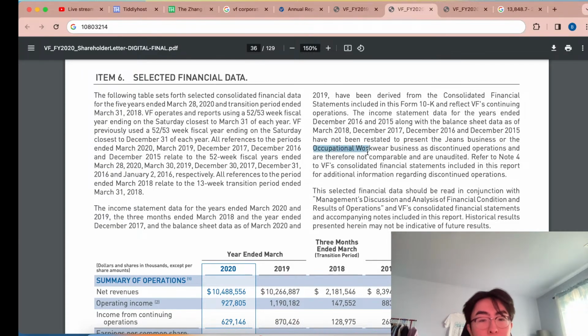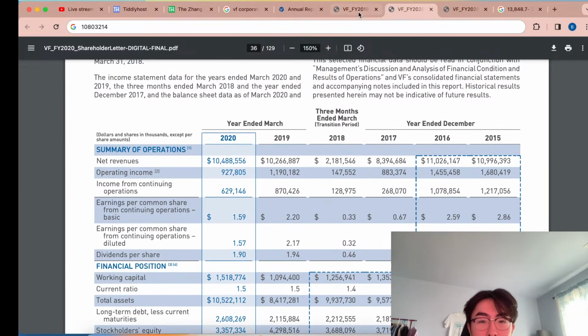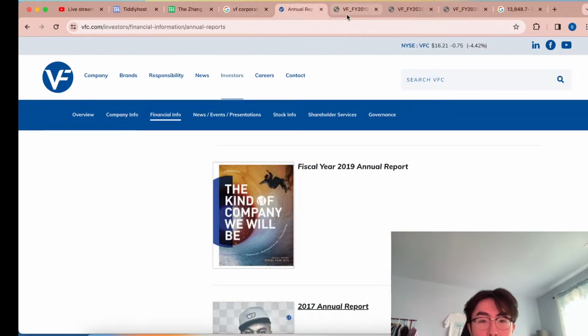Oh, okay. The occupational workwear business was also divested. Okay, so they are kind of cheating a bit, I feel like.